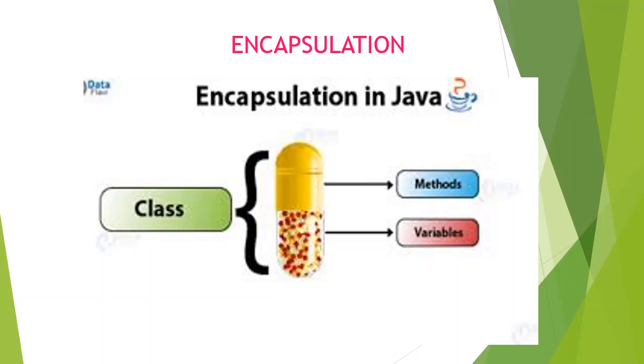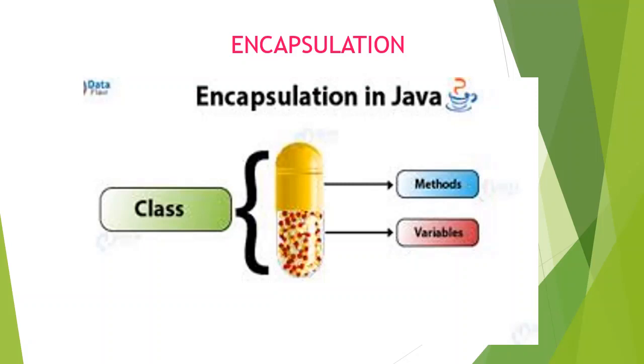Encapsulation means something is kept secured, so it will not be allowed to the users, it will not be allowed to the outside world. So this concept is called encapsulation. By using encapsulation, we can achieve the concept of data hiding.